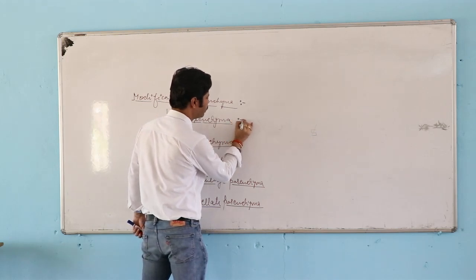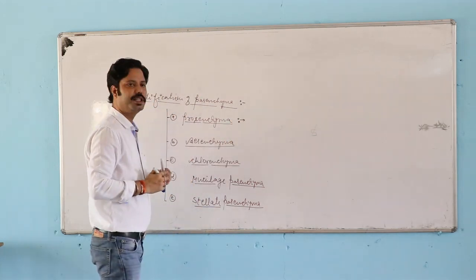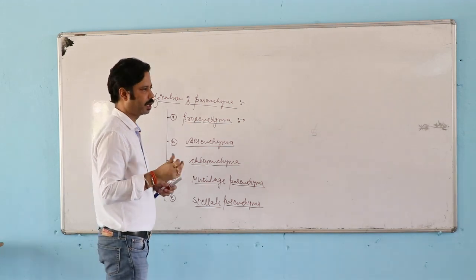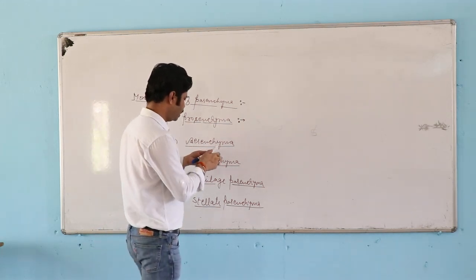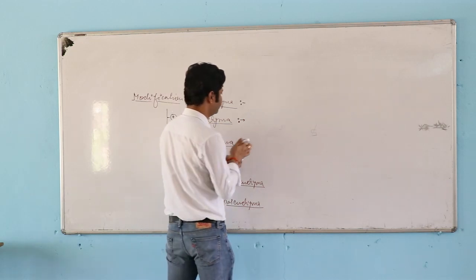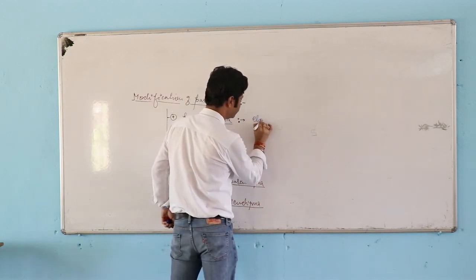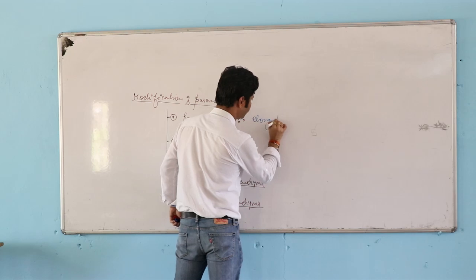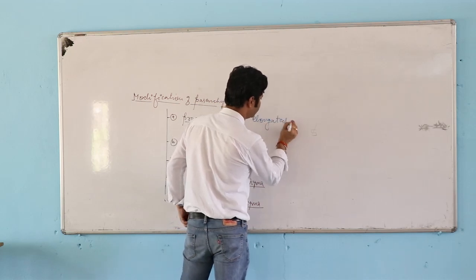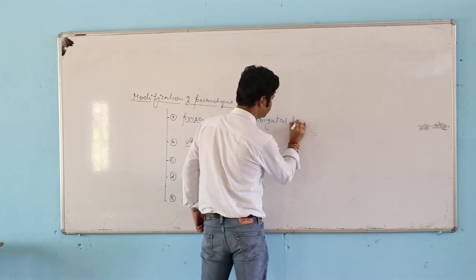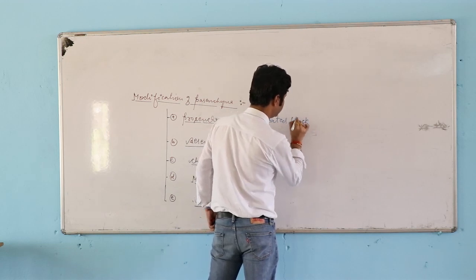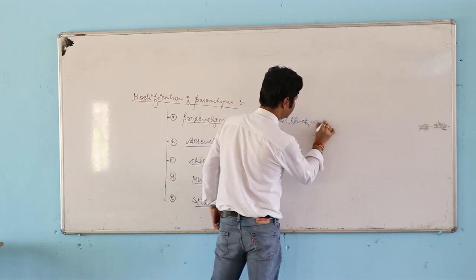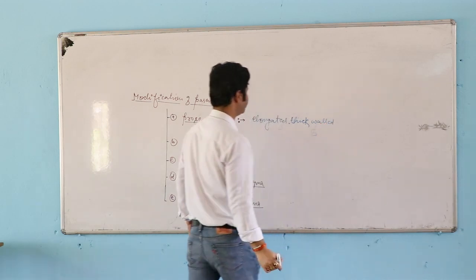Prosenchyma. Basically, it is the modification of parenchyma. The cells of prosenchyma are elongated, thick-walled, pointed structures.